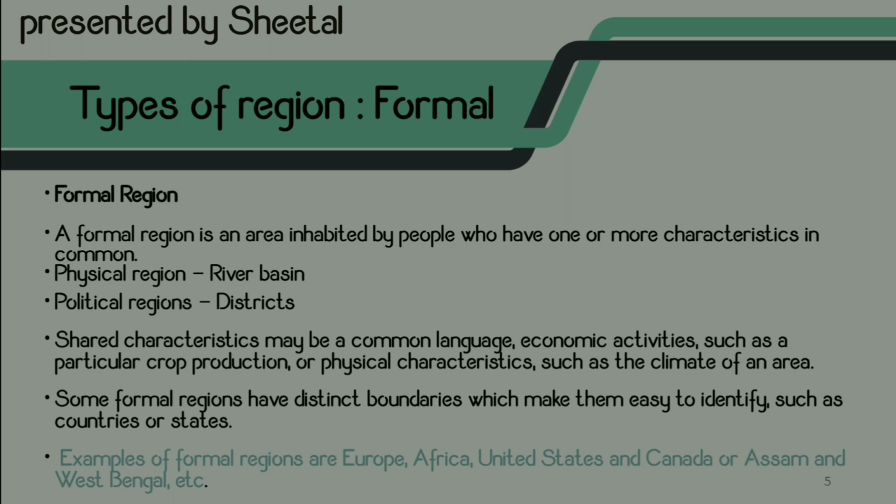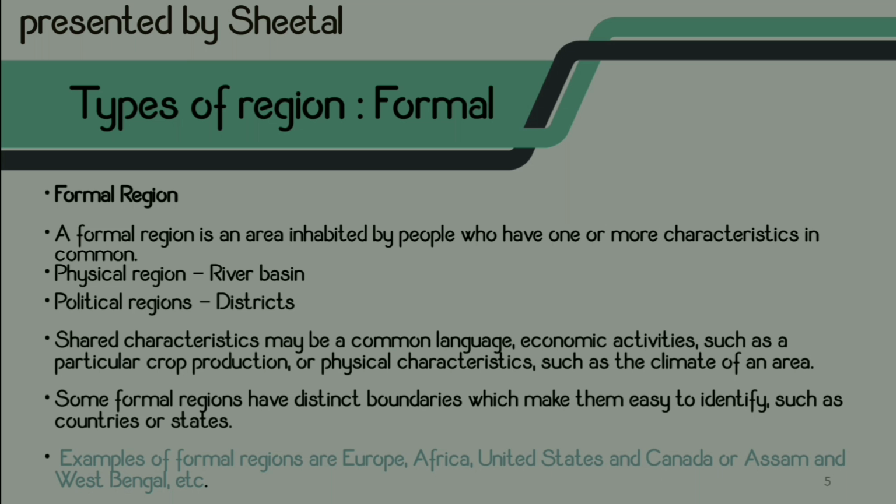A formal region is an area inhabited by people who have one or more characteristics in common. Whenever you see that people in some area have one or more characteristics in common, then we say that they belong to a formal region. It is based on physical regions or political regions.